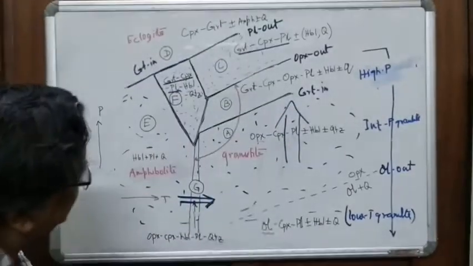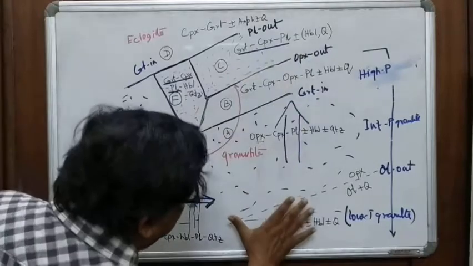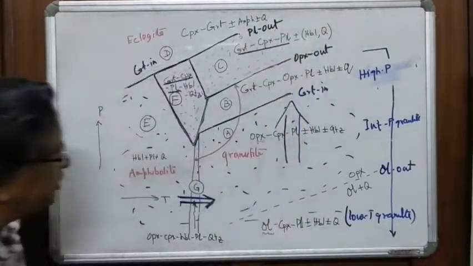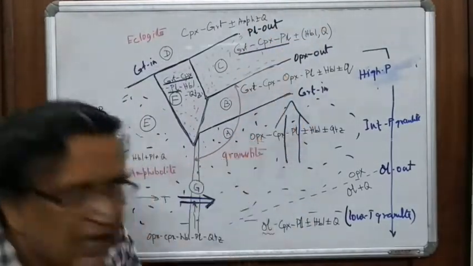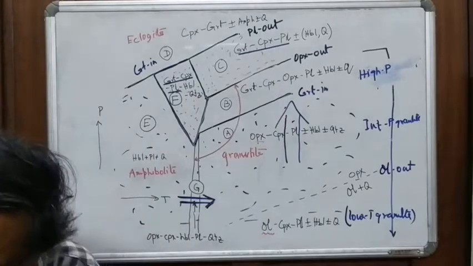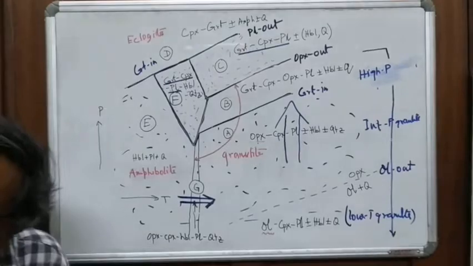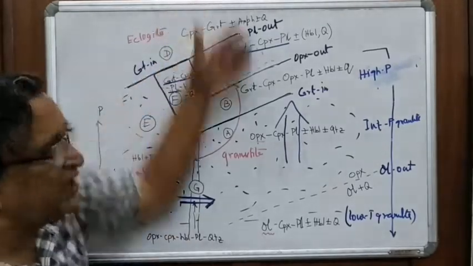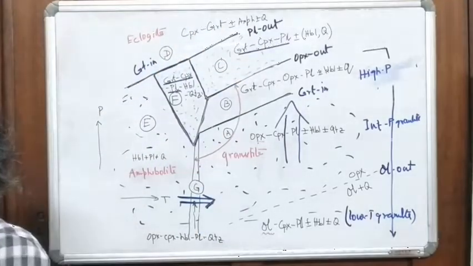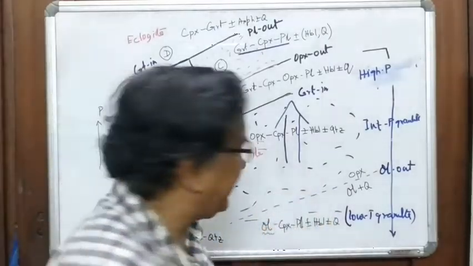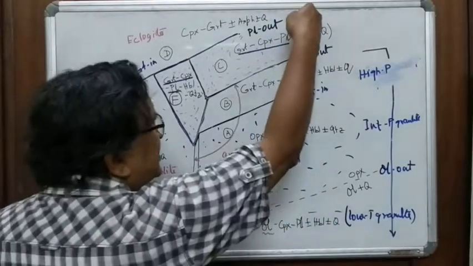So essentially, if we go up pressure, we should be looking at first garnet forming reactions, and then we should see how orthopyroxene is reacted out, and then how plagioclase is reacted out. That is all we expect if we are going this way and this way.